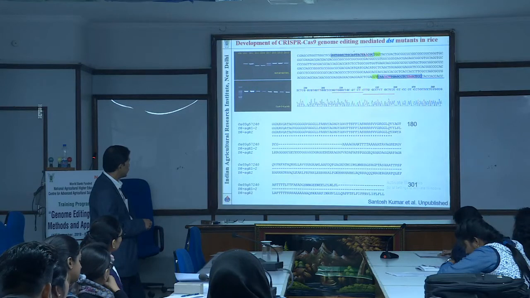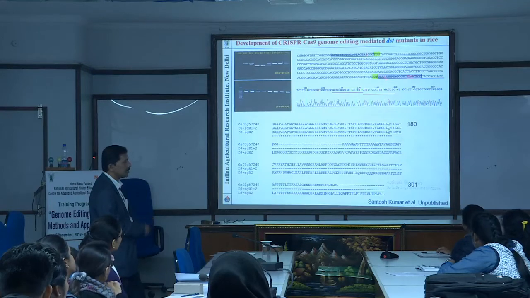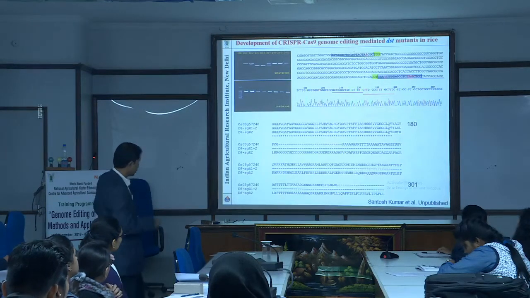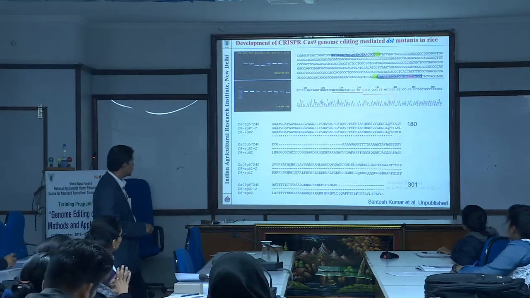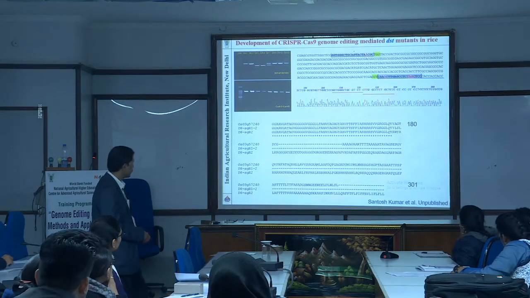Some of them are deletion mutations, where the entire region between this place and this place is deleted. In addition to that, we have also got an insertion mutant, where there is an insertion here. After that, you see that the entire protein sequence changed.